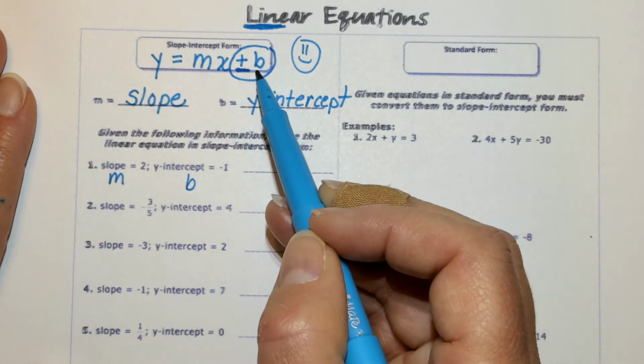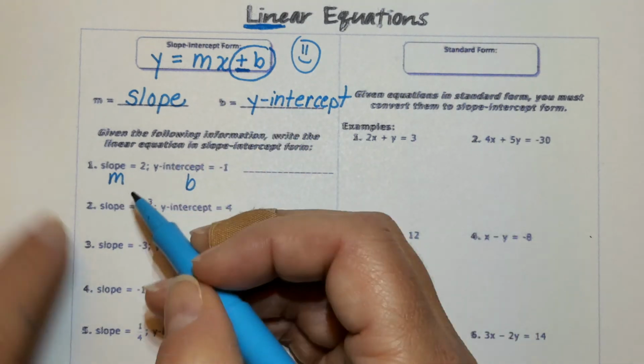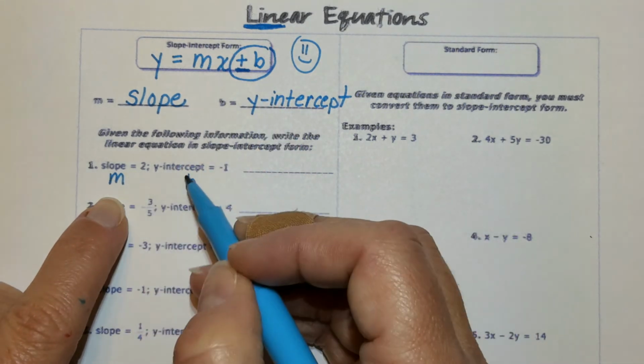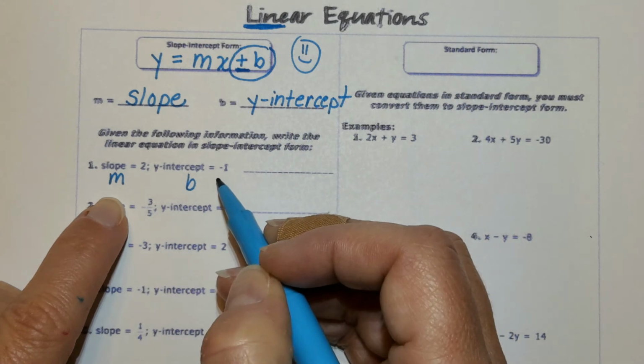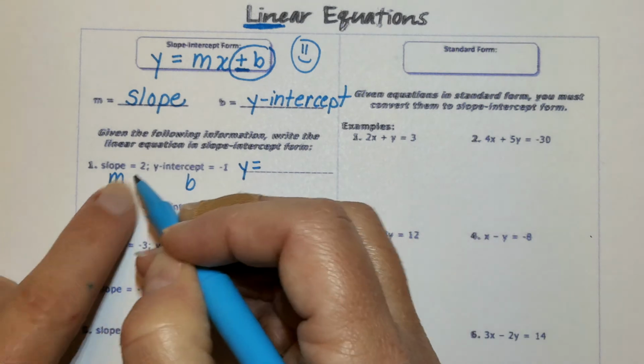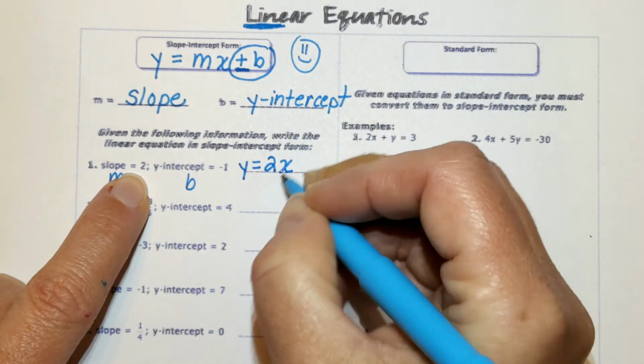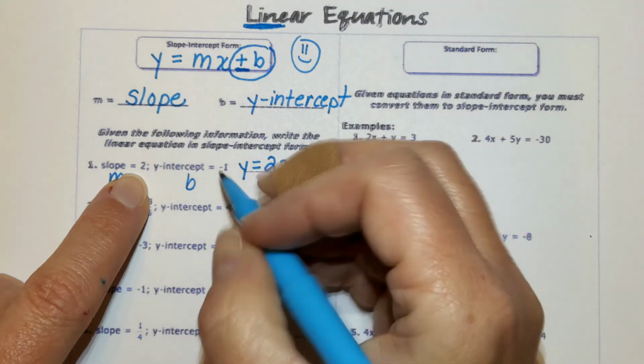That's our b. The y stays a y, the x stays x. The only values we are plugging in for are the m and the b. So the slope-intercept form, if the slope is 2 and the intercept is -1, would be like this.